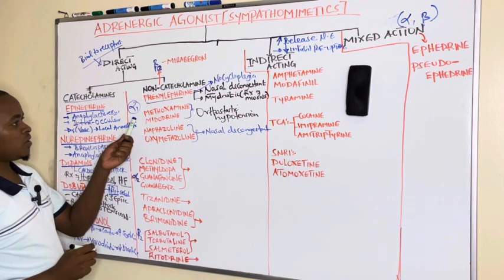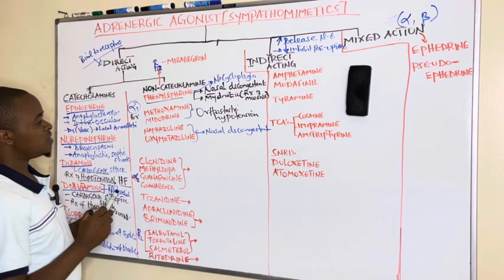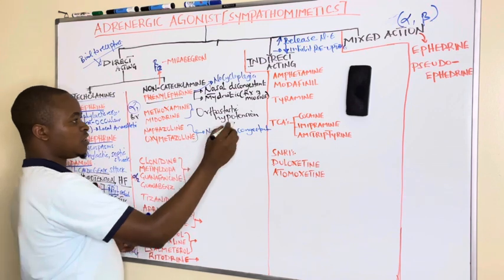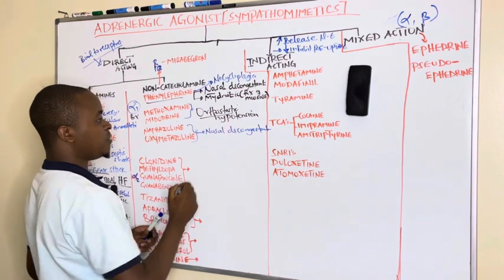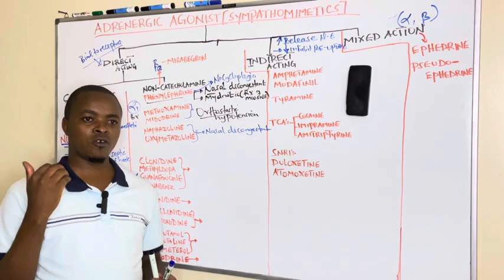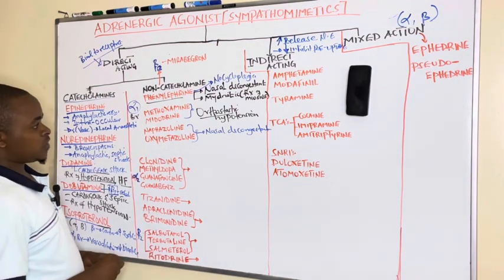Because we know that this one will act on the blood vessels, causing an increase in the blood vessel resistance. Hence, we can use it in treatment of orthostatic hypotension, which is always a side effect in people on prazosin and terazosin.